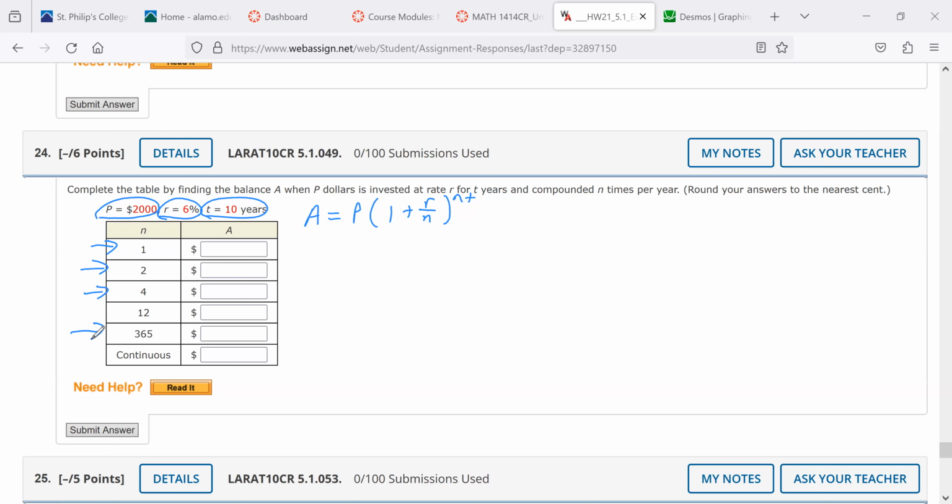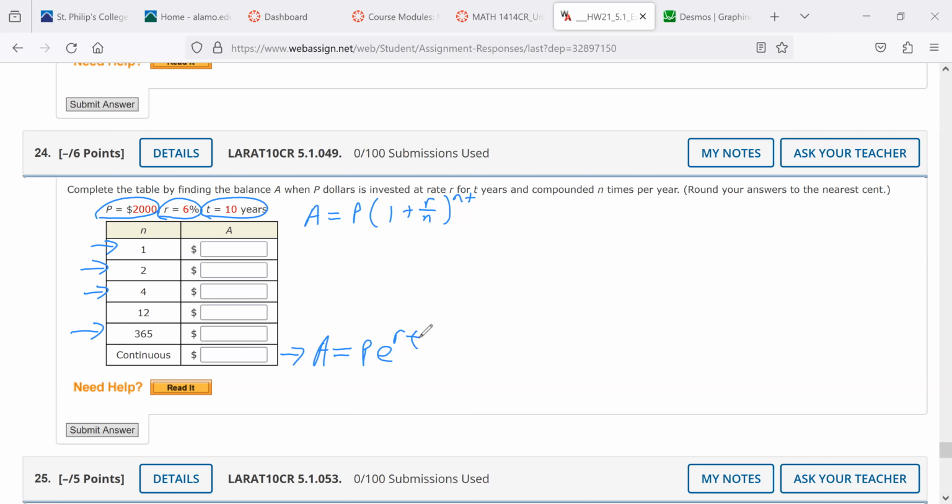Now, if they say continuous though, you need to use this one. So in calculus, when they let the compounding go to infinity, this will turn into an exponential function.